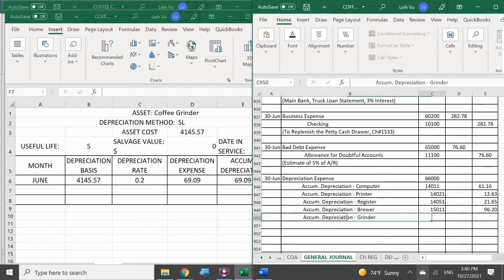For the grinder, the account is 1520. 21, yep, 21, and it is 69.09.